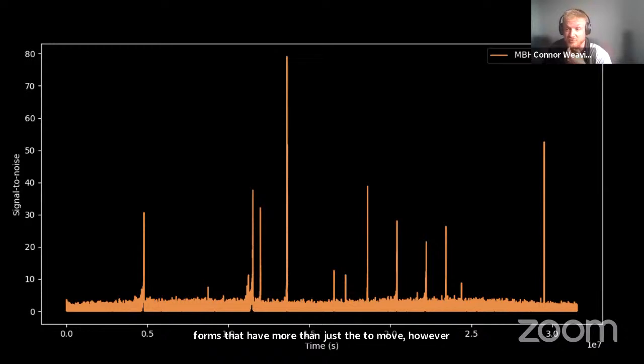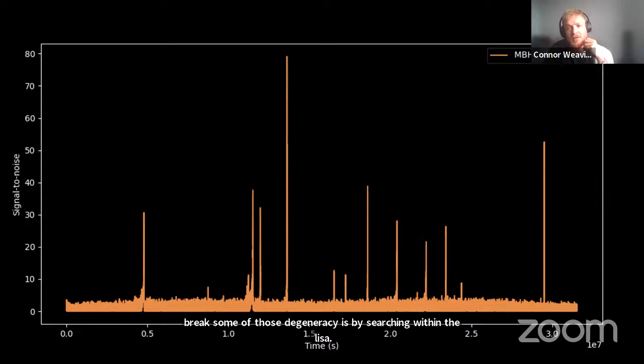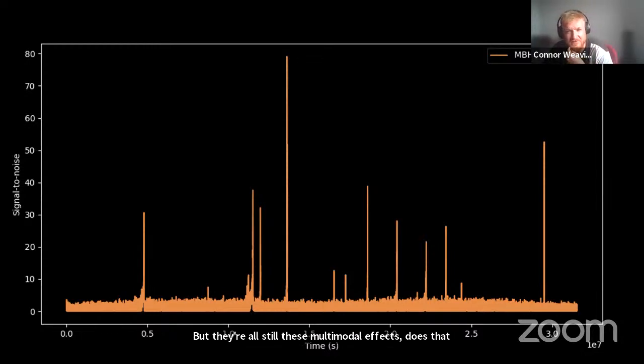However, because this is just a 2-2 mode data set, we are searching with just the 2-2 mode, and therefore you have these multimodal sky positions. You can break some of those degeneracies by searching within the LISA frame, but there are still these multimodal effects. Does that make any sense? And would anybody like to add something on top of that who knows more than me?